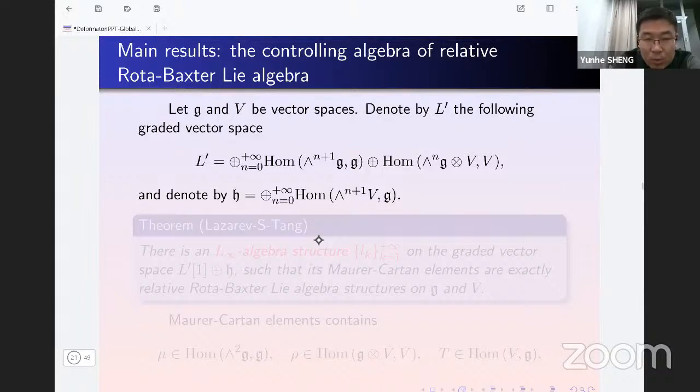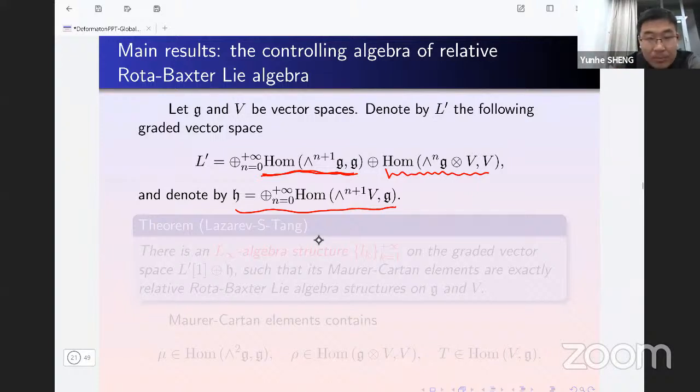Notice that there are two parts: one is composed of linear maps from wedge n+1 G to G, and the other consists of linear maps from wedge n G tensor V to V. We denote by curly H this graded vector space, whose degree n part consists of linear maps from wedge n+1 V to G. These two graded vector spaces are particularly important in our later study.